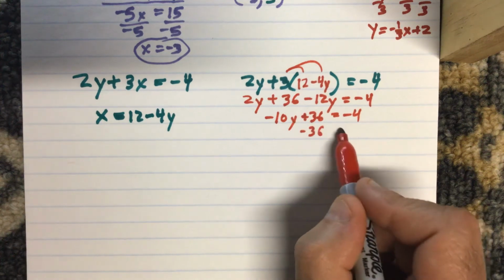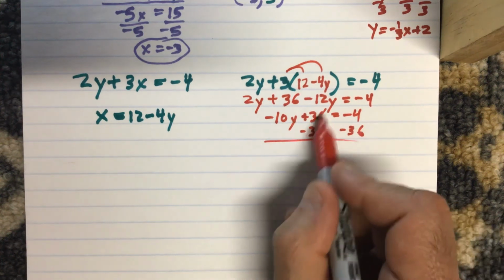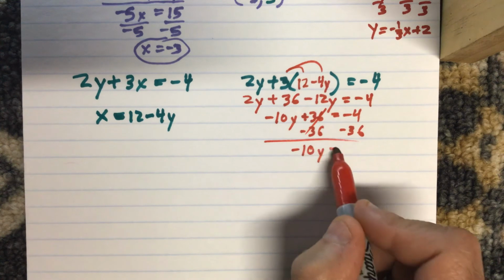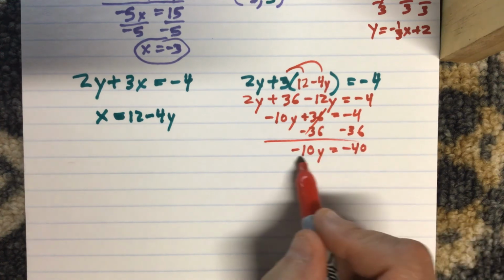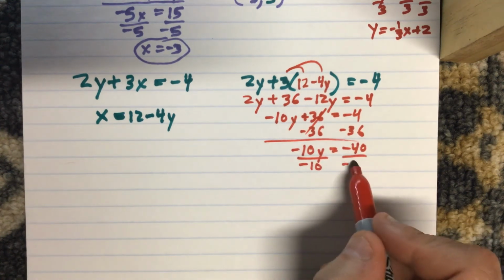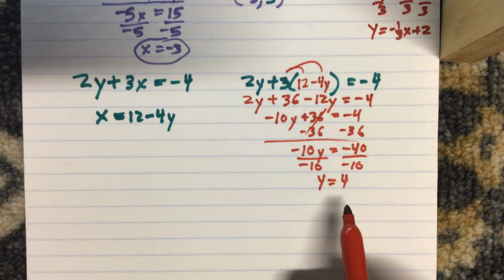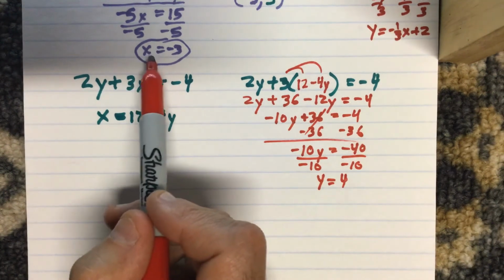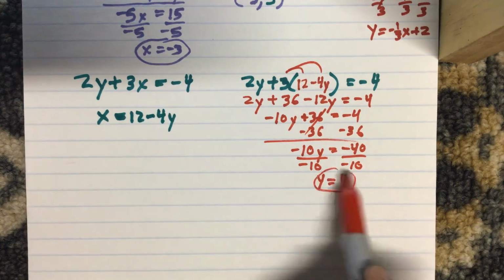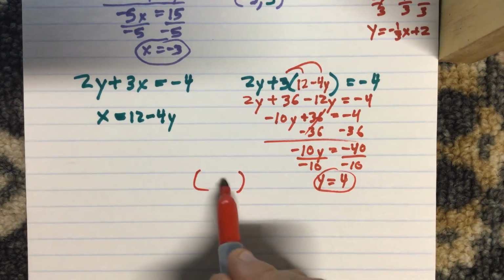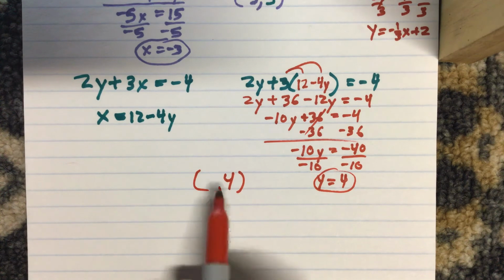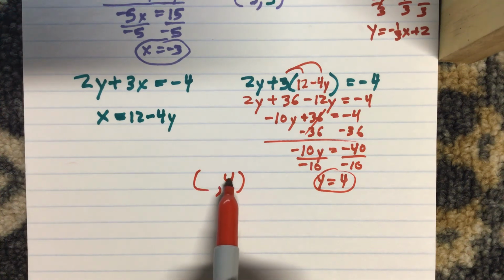Subtract 36 from both sides. Negative 10y equals negative 40 divided by negative 10. And I get y equals 4. So this time I solved for y. In the last problem I got x equals. This time I got y equals. So my final answer looks like this: something, 4. That's the y value.